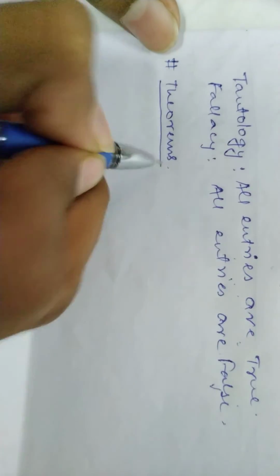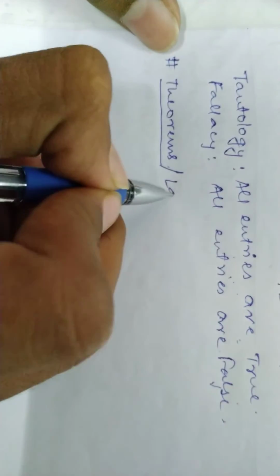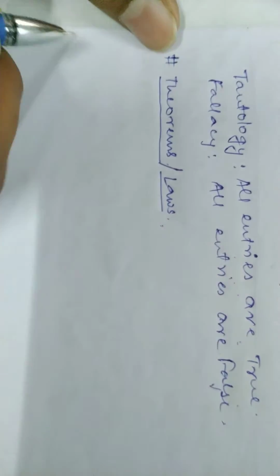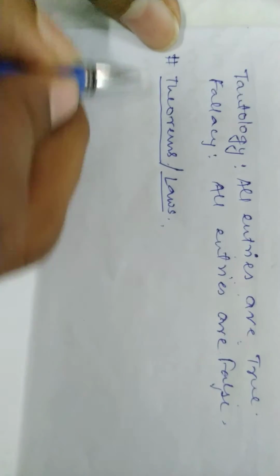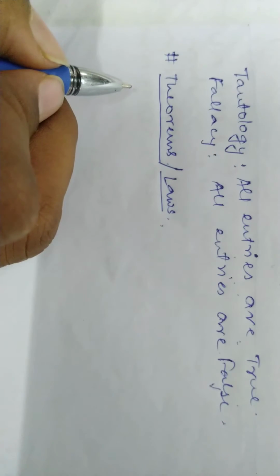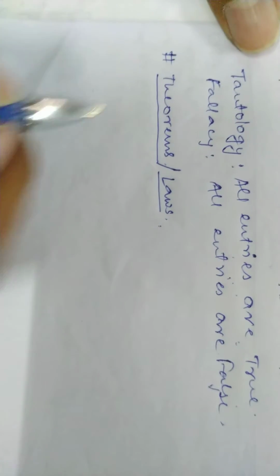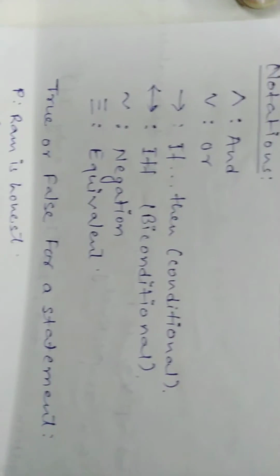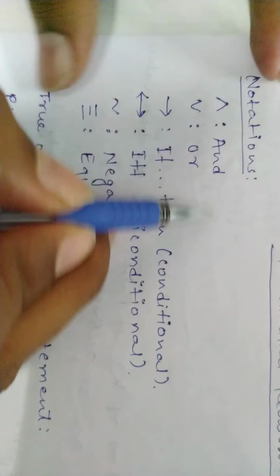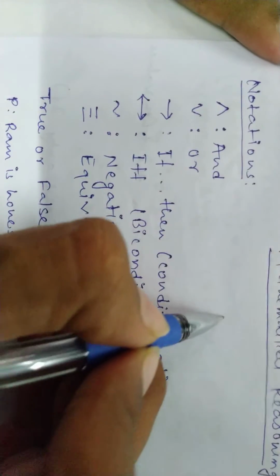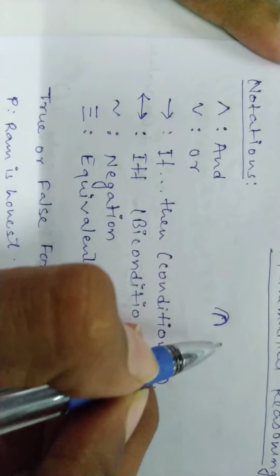Not theorems, actually you can say laws, right? And it is quite similar to sets. Why I am saying this, you can come over, right? We'll go back to our first part. This is AND, and you have seen this type, right?